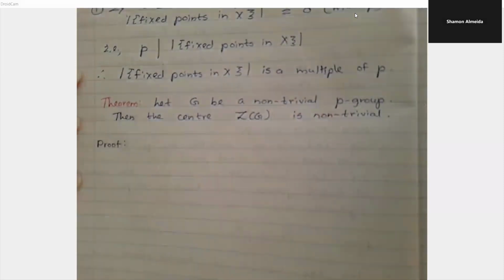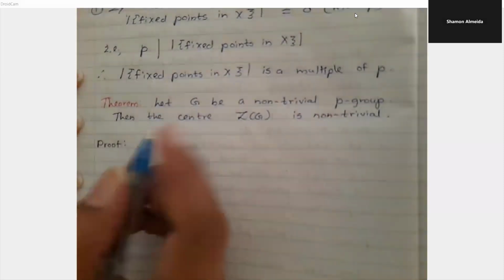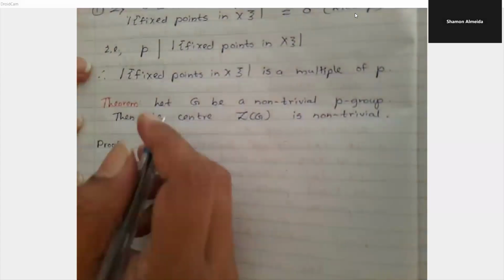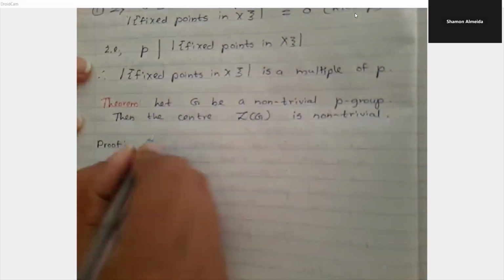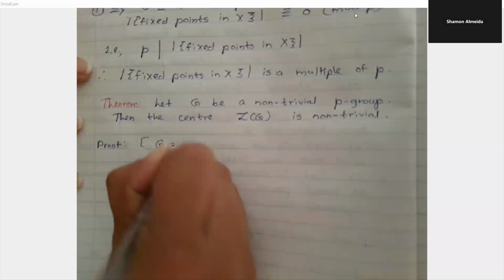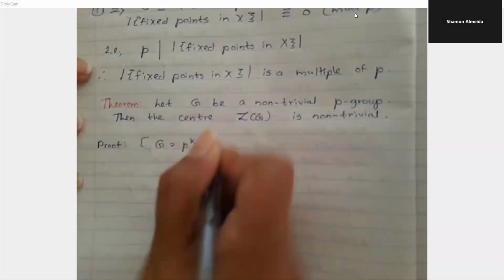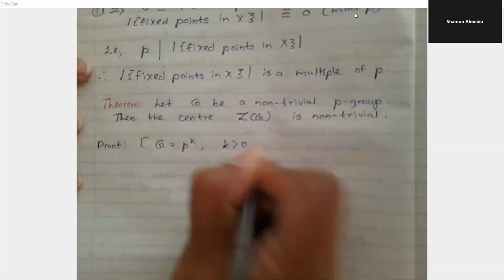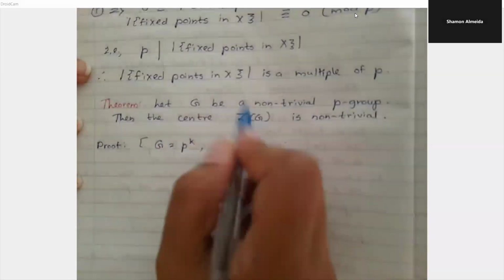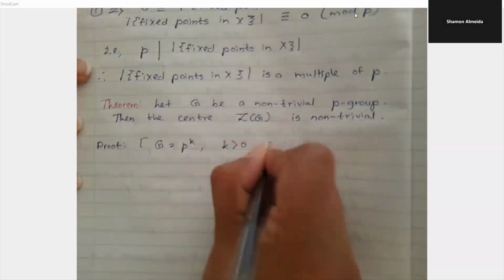Because G is a P group, we can write the order of G as p to the power k. Here, k has to be greater than 0 because G is non-trivial. You don't have to write it out, but for your understanding, I'll put it here.